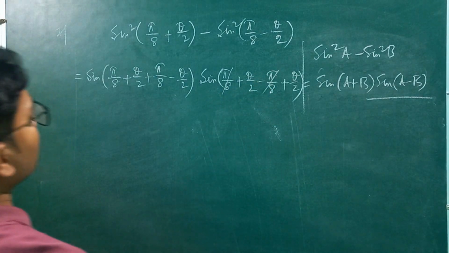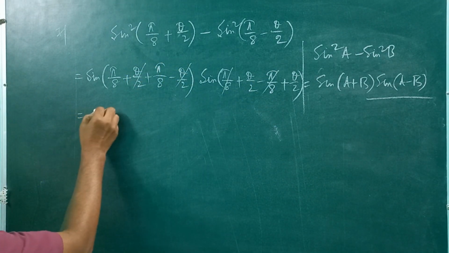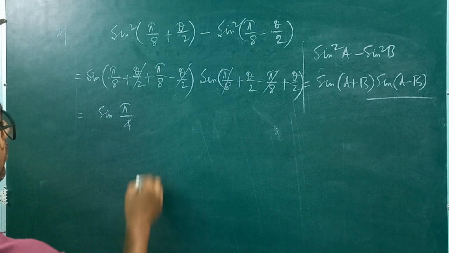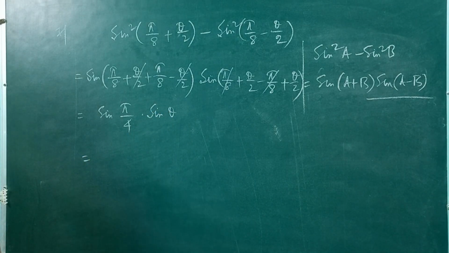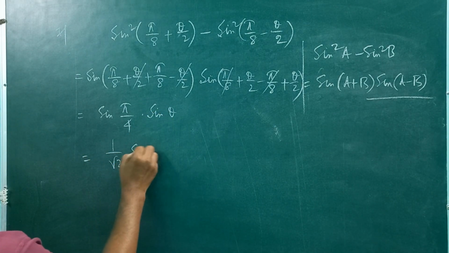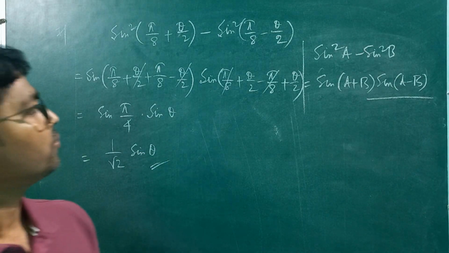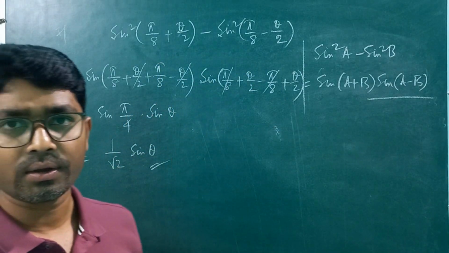Here theta by 2 minus theta by 2 cancelled. This one is sin pi by 4 and this one is sin theta. What is sin pi by 4? 1 by root 2. 1 by root 2 sin theta. That is your answer. So these types of problems you can easily calculate from the formula.